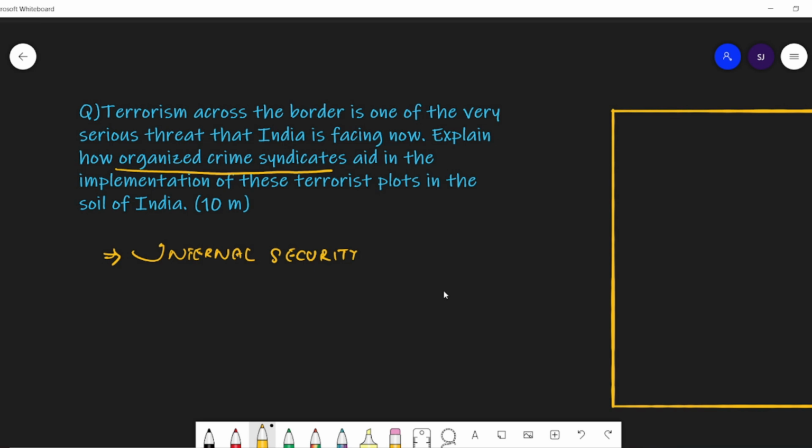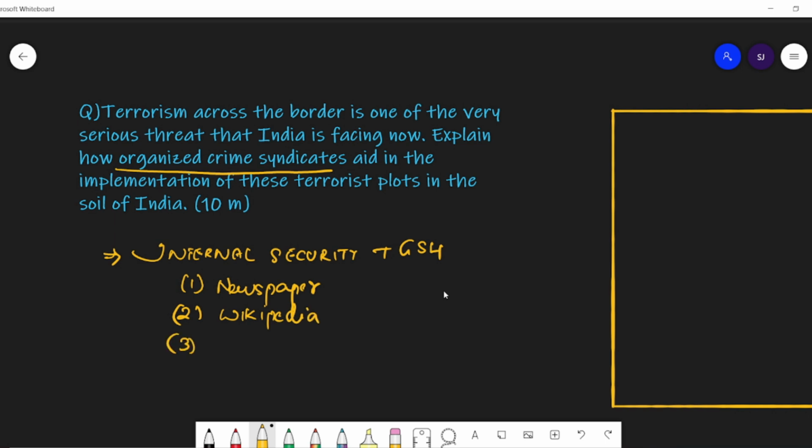For the source for internal security and GS paper 4, keep it very simple. First is the newspaper. This is the most important part for these two; your newspaper is very important. Then any definition you want, you can take from Wikipedia, or for any other doubt.